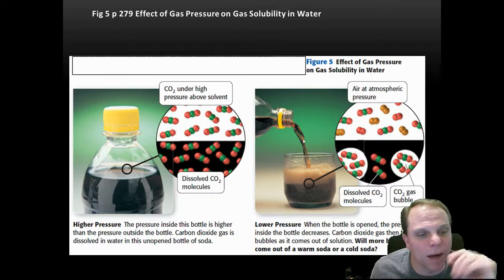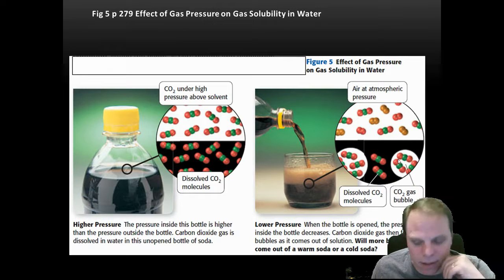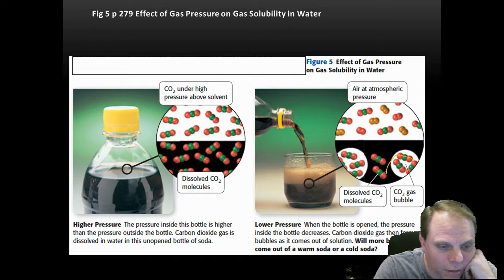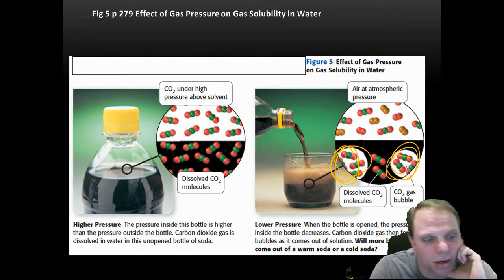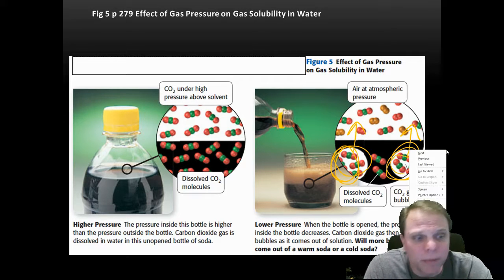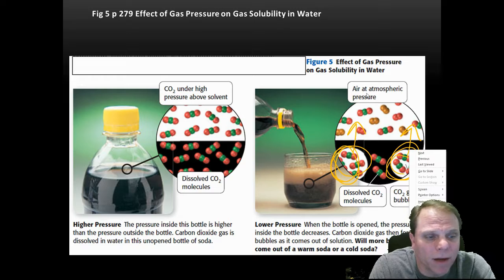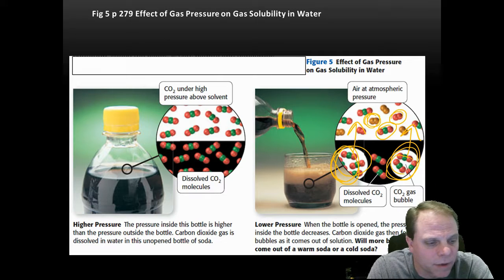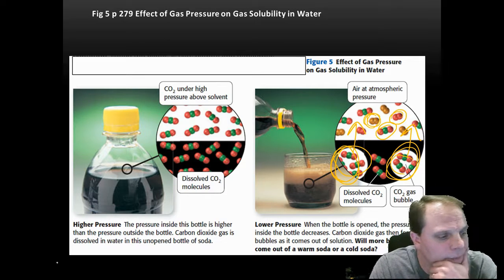Well, as soon as you open it up, these carbon dioxide gas bubbles, bubbles of a bunch of carbon dioxide all connected together in a sense, are able to escape because there's no pressure pushing them in and holding them in. Here we've got these little particles. This is probably carbon dioxide, this is probably nitrogen, and that's probably oxygen or something like that. So that's the atmosphere that's involved there.